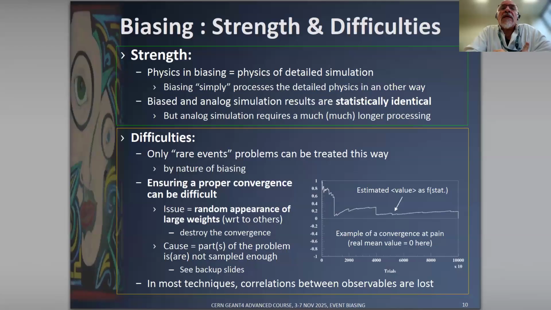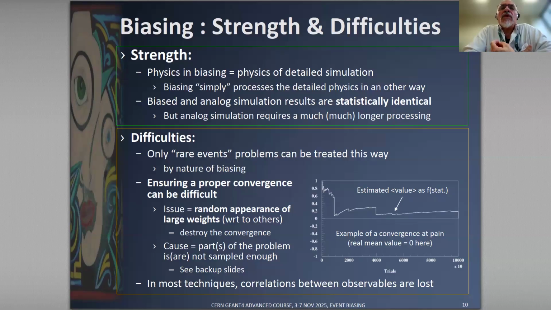When you see that, you have the feeling that you are almost going to converge, but then you have a big drop, which is telling you that you are not converged at all, and that it will take time.